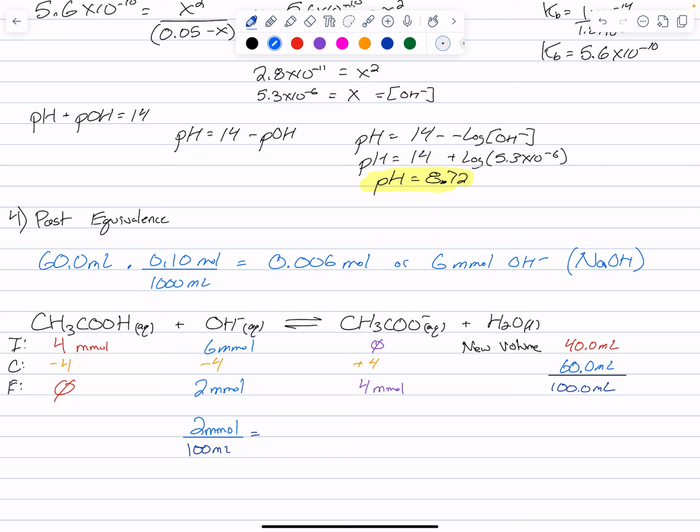So that means we have 0.02, right? Then we have our 4 millimoles divided by our 100 milliliters. And that would be 0.04.